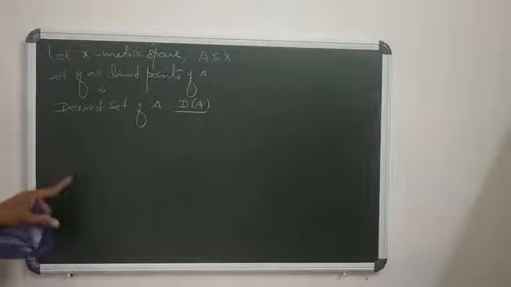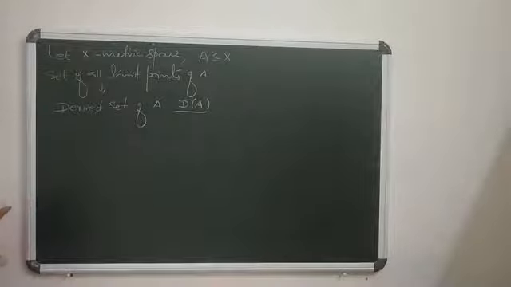So the set of all limit points of A is called the derived set of A, denoted by D of A.